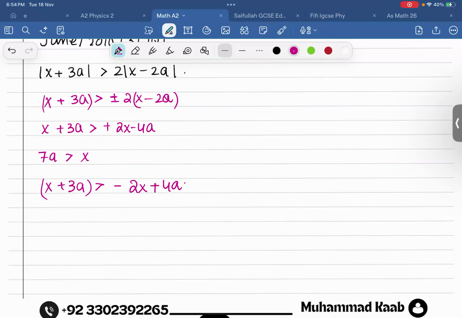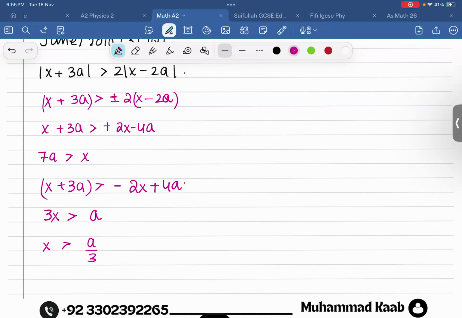So solving that becomes 3x, right? Taking 2x to the other side. So 3x is greater than 3a, sorry, just a, I think. Yes, just a. Okay, so x is going to be a over 3. Okay.